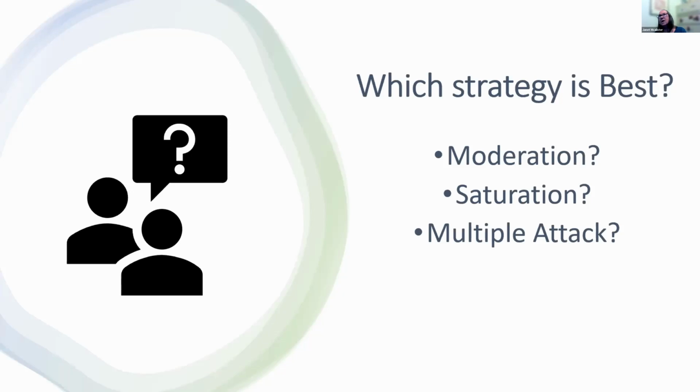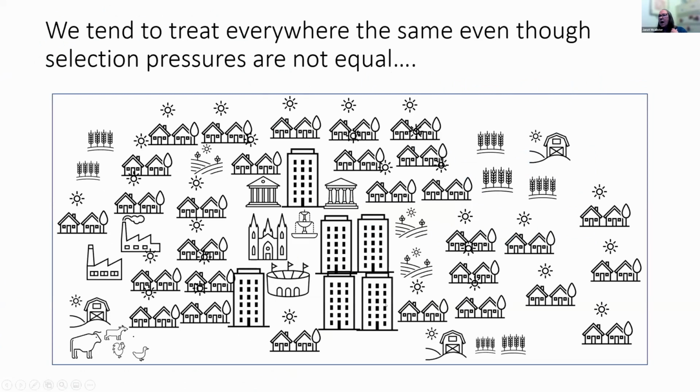And I suspect that at the end of the day, when we get new products with different modes of action, especially for the adulticides, there is some work and some thought put into trying to figure out which one might be the better way to go. So just quickly, we tend to treat everywhere the same, even though selection pressures are not equal.